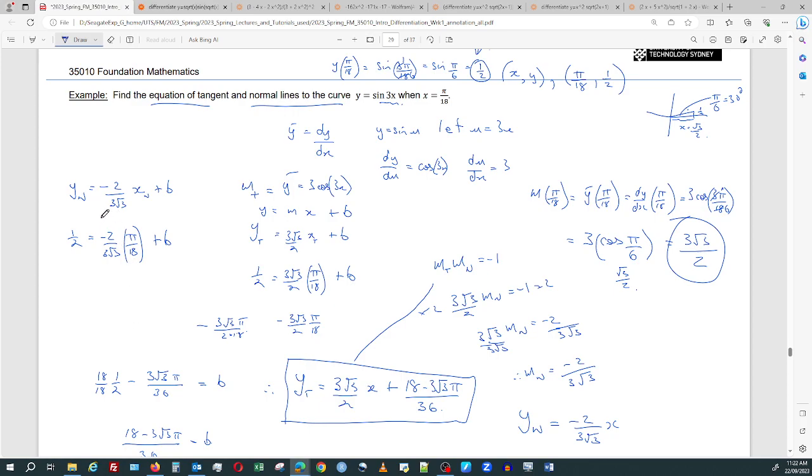So we're going to add it to both sides, and so we're going to have a half, and what's 3 times 18? 54. So we're going to have 2 pi on 54 root 3 is equal to b.